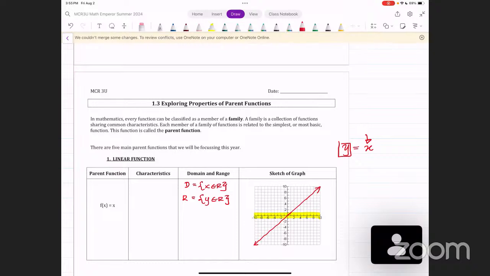Tell me a possible x value such that we can really evaluate the y value. Can you think of an x value where y cannot be calculated? Still thinking?